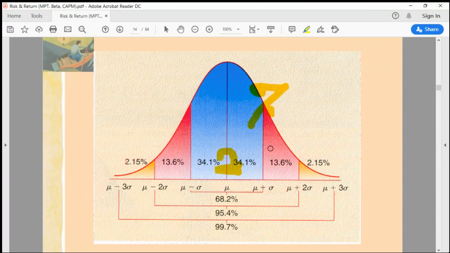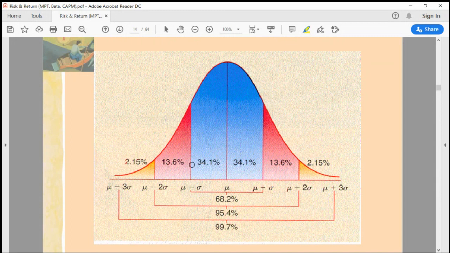So if one standard deviation is 7%, one standard deviation above mean is 9%. Two standard deviations above mean will be this plus 7, so like 16%. This point will be 16%, this point will be 9%.